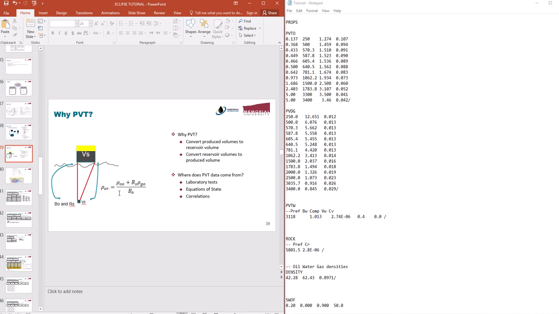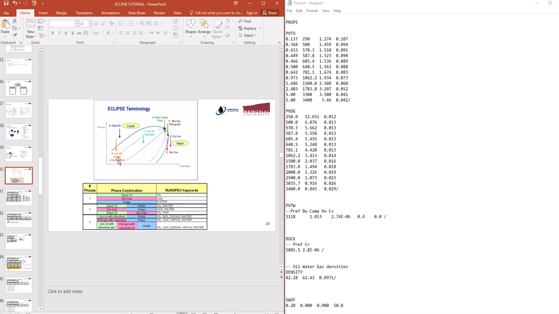So it means that if we give Eclipse the density of oil and the density of gas at the standard condition, and Rs and Bo, Eclipse can calculate the density of oil at the reservoir condition. And this is exactly what we are going to do in the PVT section. We are going to give the density of the fluids at the standard condition, and also we are going to tell what will be the Rs and Bo in our system.